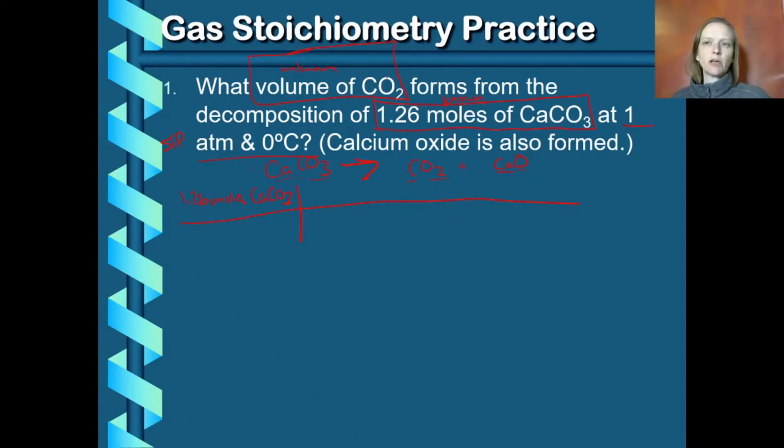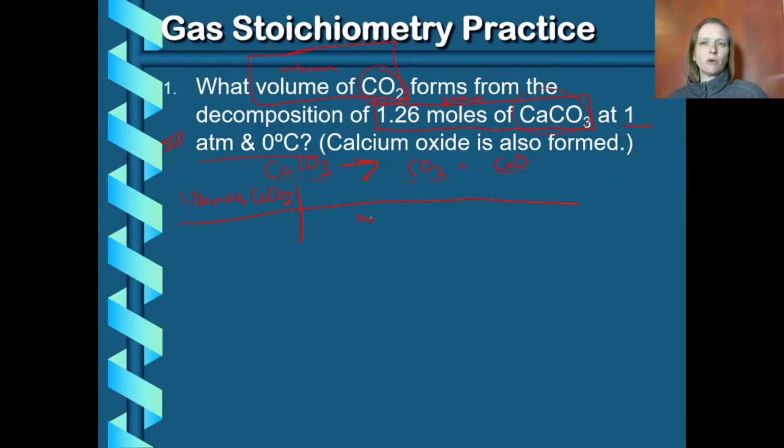So volume of carbon dioxide, I've got a different chemical substance here. So I'm starting with moles, and then I have to convert to a different substance, and then I have to convert to volume. I'm starting with moles, so it doesn't take me any steps to convert to moles because I'm already at moles. So I can go straight away to just converting to moles of my new substance.